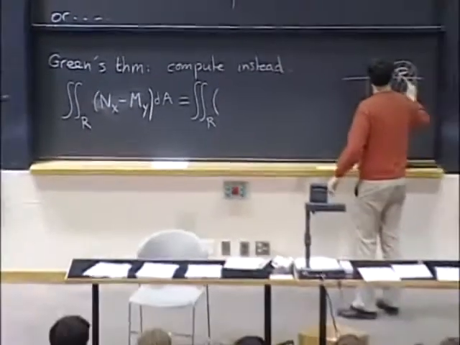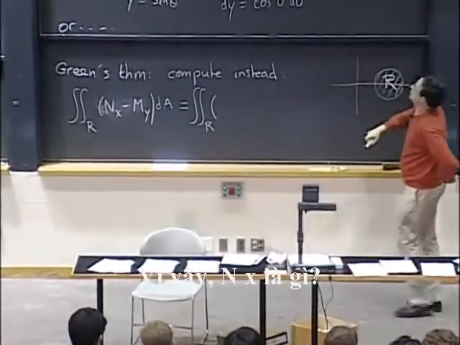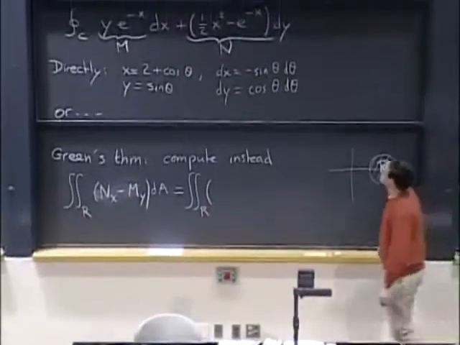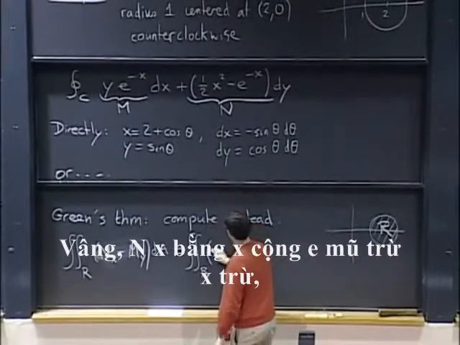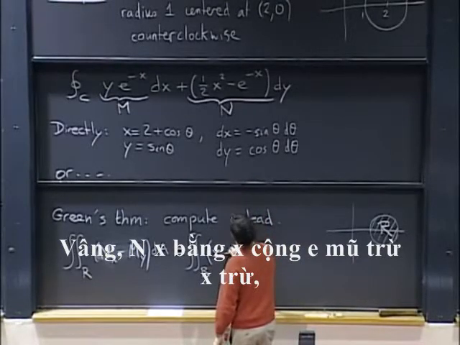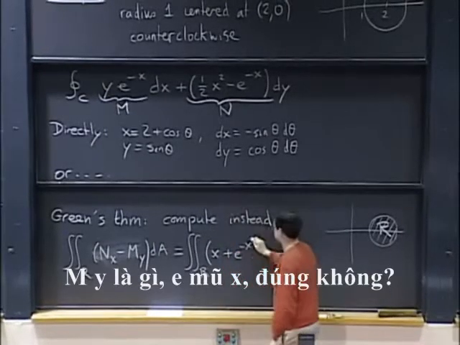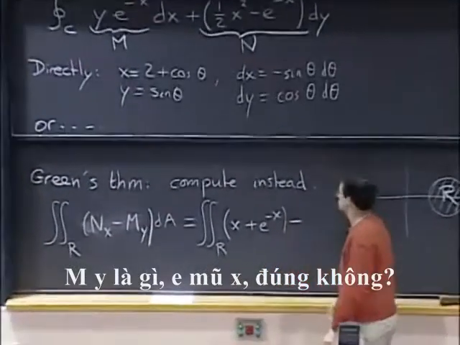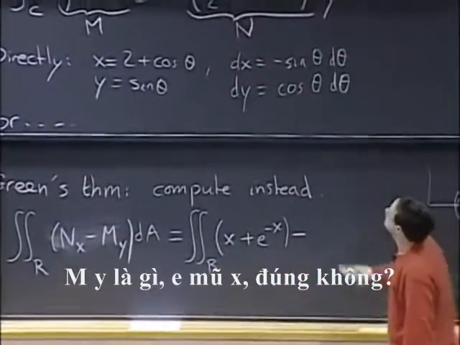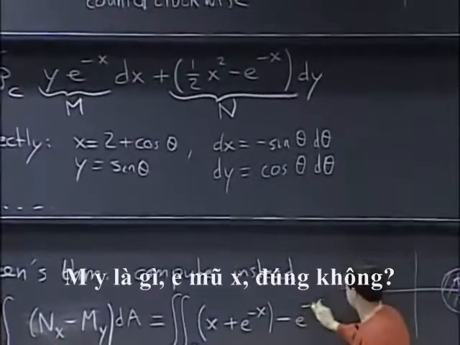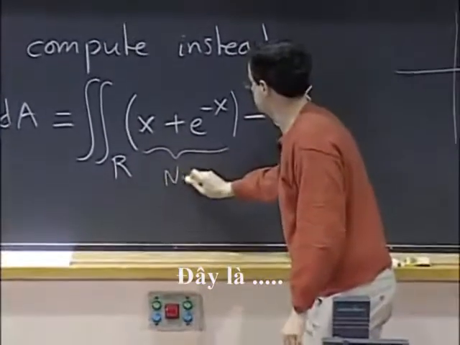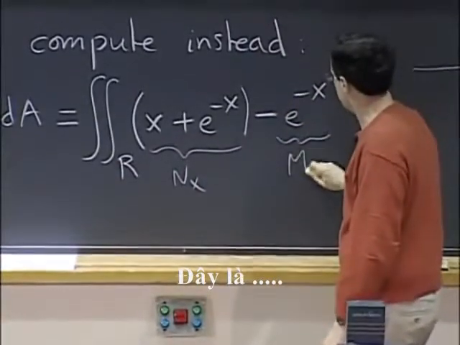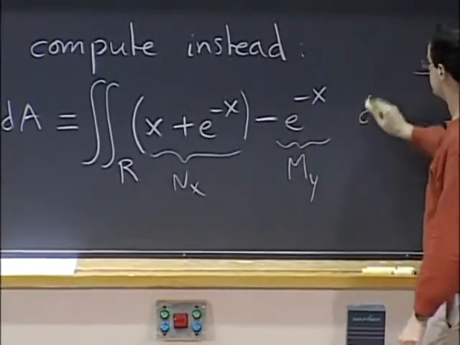Okay? So this is R. So what is n sub x? Well, n sub x is x plus e to the minus x. Minus, what is m sub y? E to the minus x, okay? This is n sub x minus m sub y, and this is my dA.